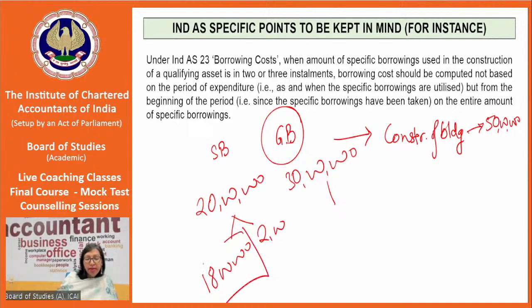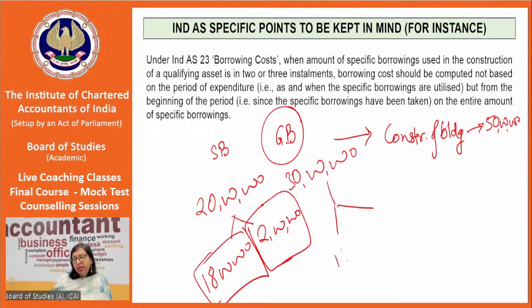For the 30 lakh, we did it in the manner of 15 lakh, then 10 lakh, and then 5 lakh. In total, 30 lakh we spent, but in a phased manner.